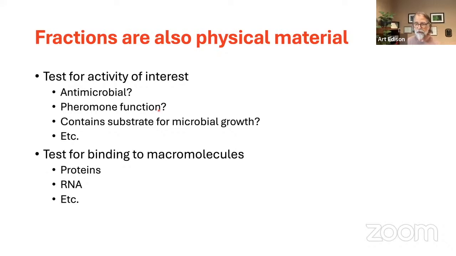Maybe you're looking for pheromones, and if you put a fraction down on a plate, you can attract a worm. You have to have an assay to ask the question if they're acting as a pheromone or antimicrobial.